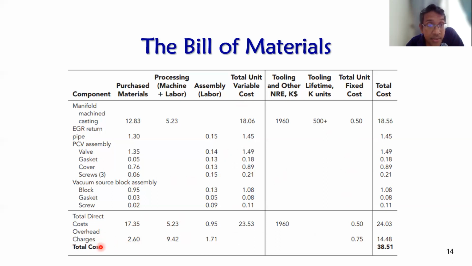On top of that, we have an overhead cost here for purchasing, for processing, for assemblies, and of course for the fixed cost they also have an overhead charge. Then, totaling all of that, they have an overall total cost for this manifold part. They have a total cost here.